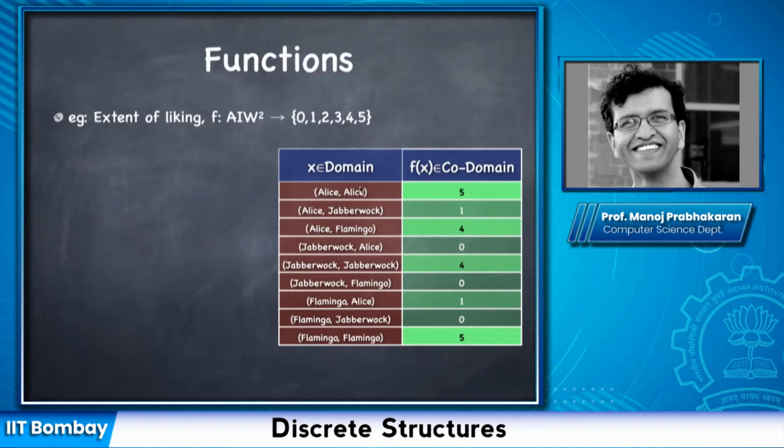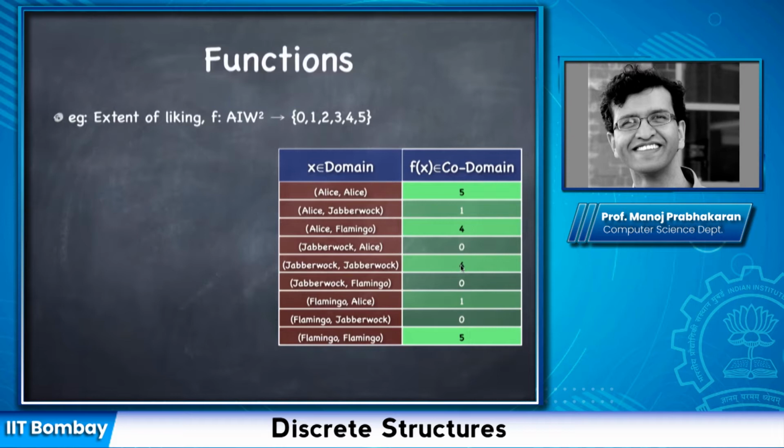Alice likes herself very much, so the function maps the pair Alice, Alice to 5, but she doesn't like Jabberwock much, so it assigns it 1. And say the Jabberwock likes itself a lot, but not all that much, so we assign it a value 4, and so forth.